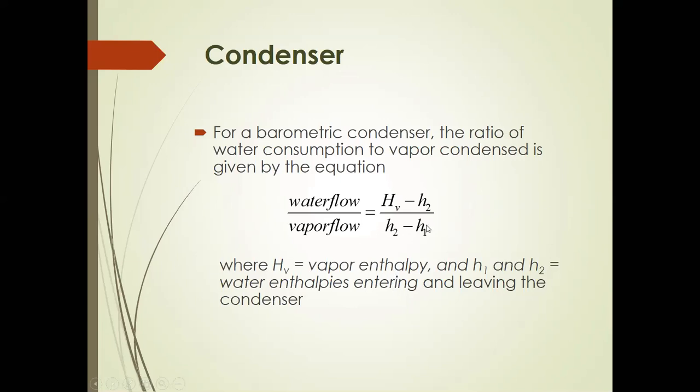Since most of the time this is just water, you can get these enthalpies from the steam table, and you have already predetermined the value of the vapor, V, through material balance and energy balance. Then you can determine the amount of water that your condenser is using so that it will be able to condense the vapor that is fed to it. So water flow for the condenser is solved using this formula. That is for a barometric condenser.